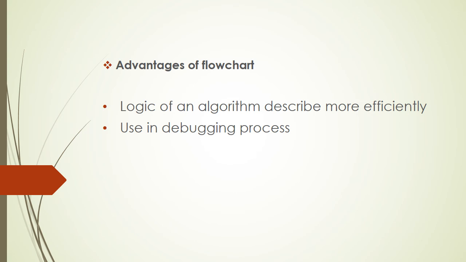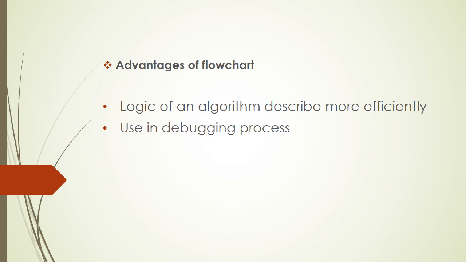Here we discuss the advantages of flowcharts. First advantage is communication. Flowcharts are a better way to communicate the logic of a system to all concerned. Efficient analysis: with the help of a flowchart, problems can be analyzed in a more efficient way, reducing cost and waste of time. A program flowchart serves as good program documentation, which is needed for various purposes.